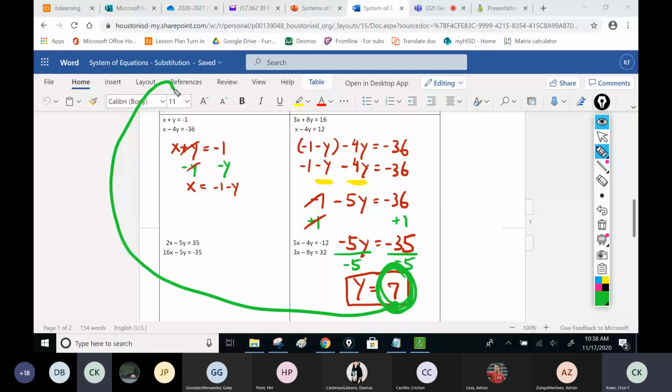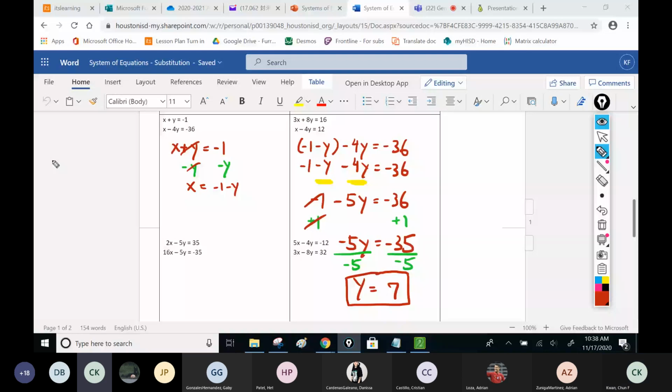I'm going to plug it back into the first equation and then replace the y with 7. All right, and to solve for x, we have to remove the 7 right here. So -7 on both sides. So x equals -8.